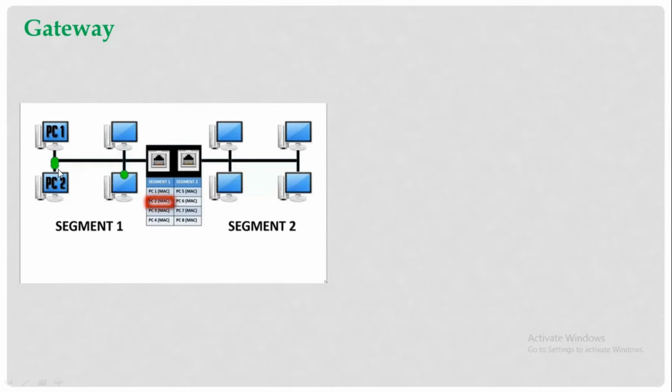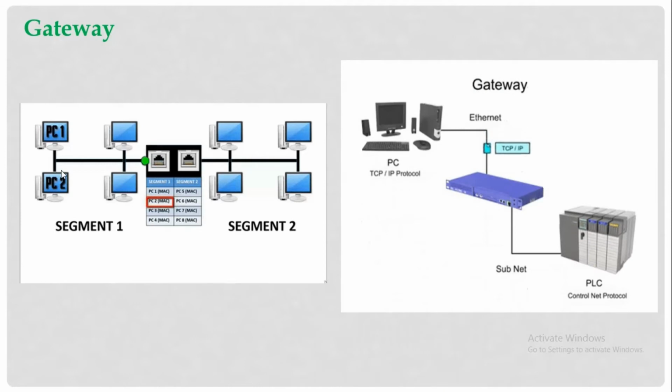This is a function of a gateway. There is another function of a gateway, that is, a gateway can convert one type of protocol to another type of protocol. Previously, we have said that when two systems are interconnected with each other, they should operate under a common or the same protocol.